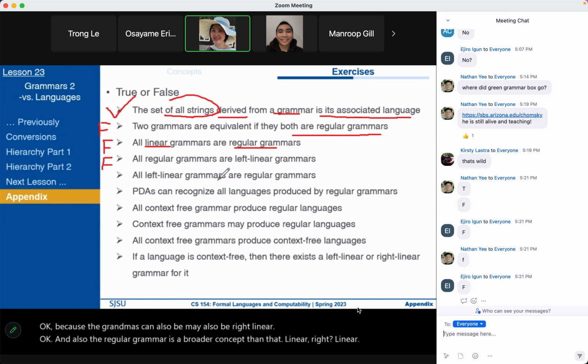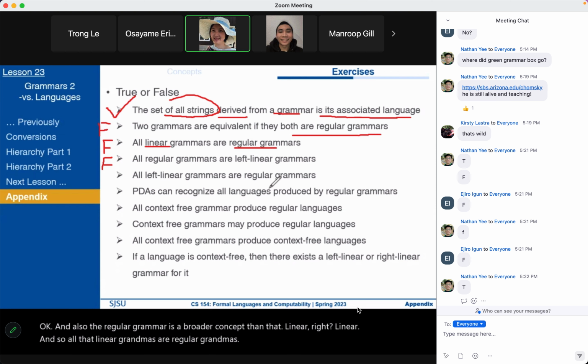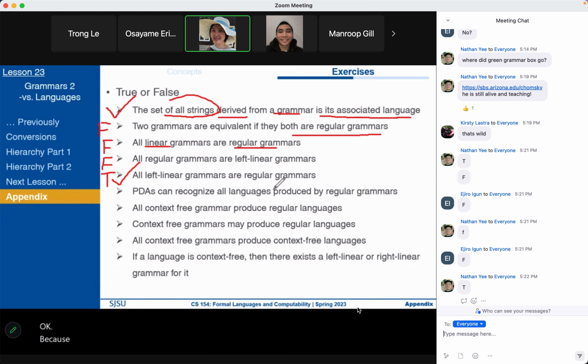And so all left linear grammars are regular grammars. Okay, nice. So this is true, because that's the definition. The regular grammar is either left linear or right linear.